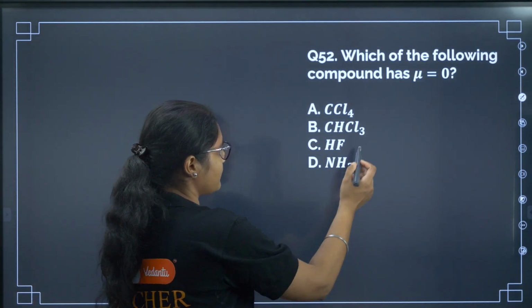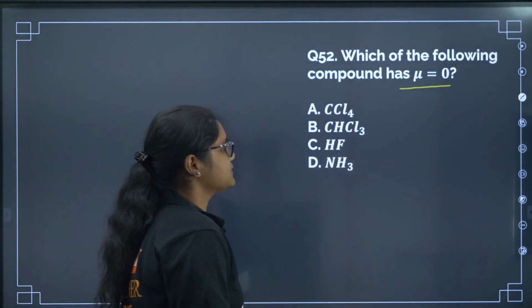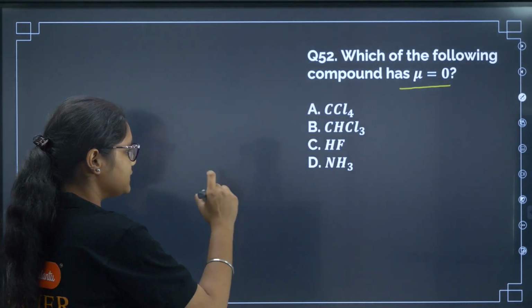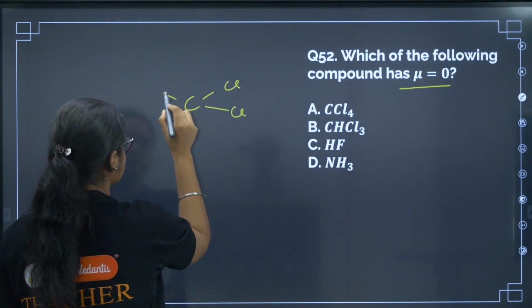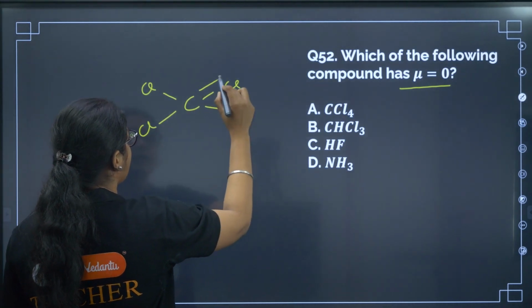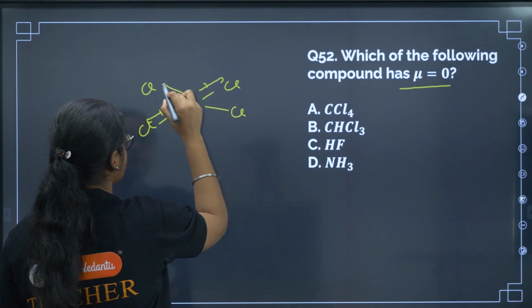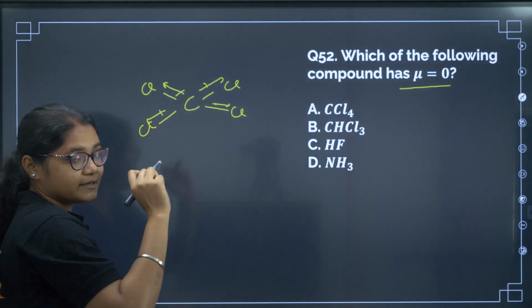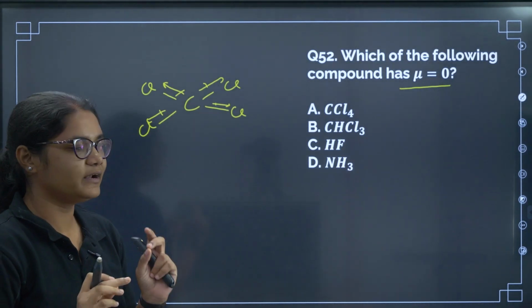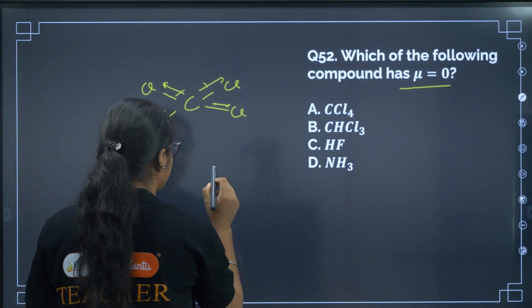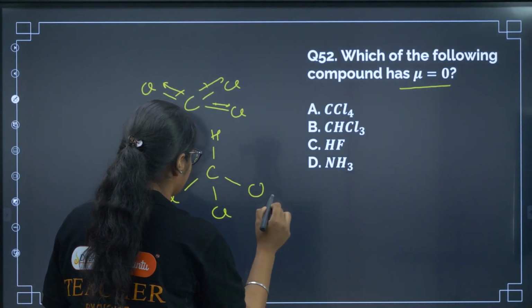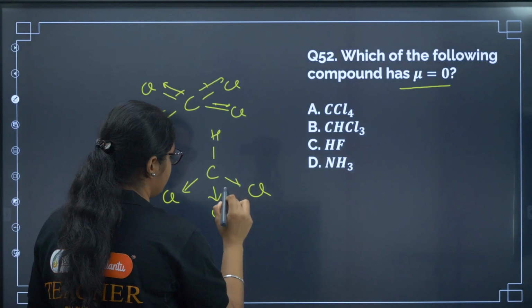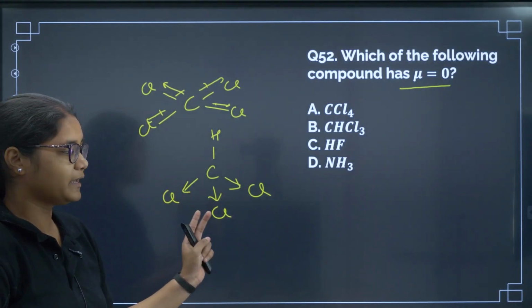Which of the following compounds has a magnetic moment equal to 0? You can just see the structure of all the options. CCl4. This is a square planar complex. Dipole moments are in opposite directions, right? So they will cancel each other and the net magnetic moment will be 0. If you see CHCl3, these are all in different directions, so that will not be cancelled.